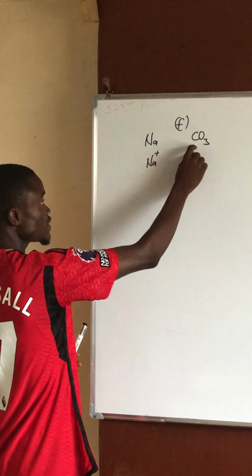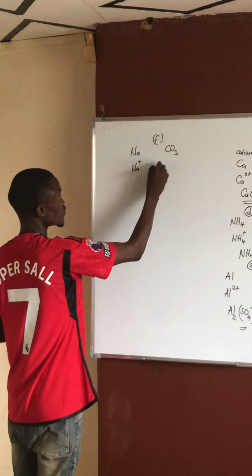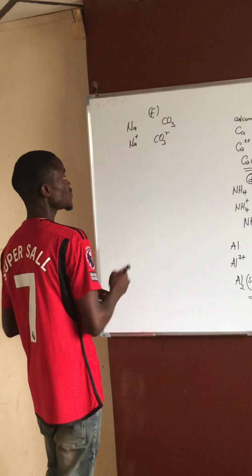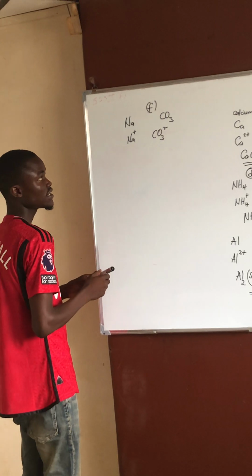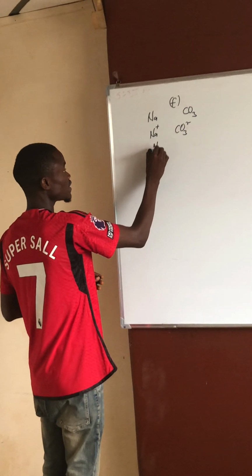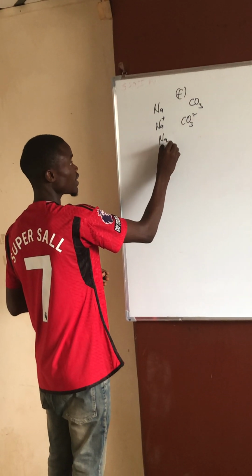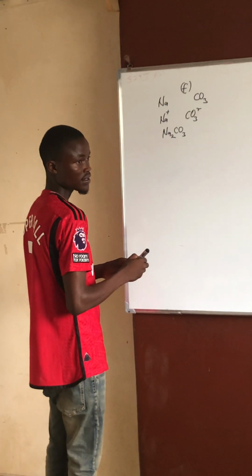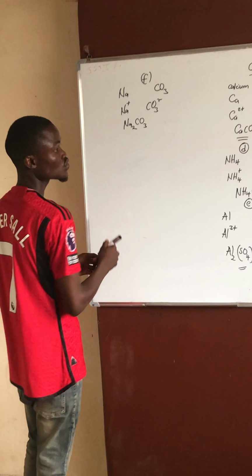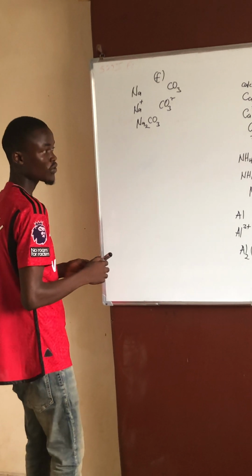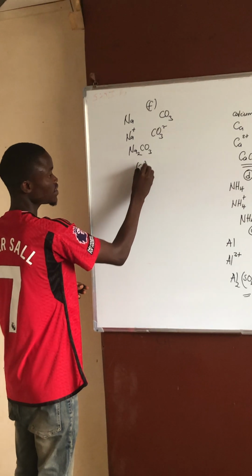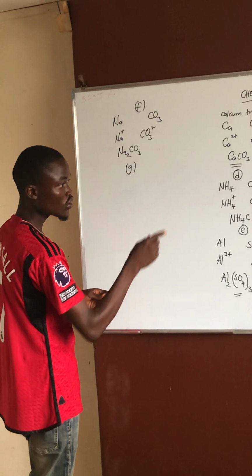The oxidation state for this compound is CO3 2-. So now when you interchange the valency, the 2 for CO3 will come here, while the 1 will come down here. So this is sodium trioxocarbonate.